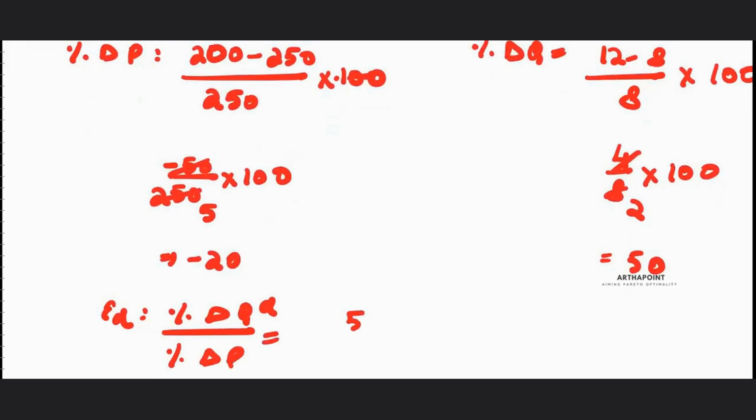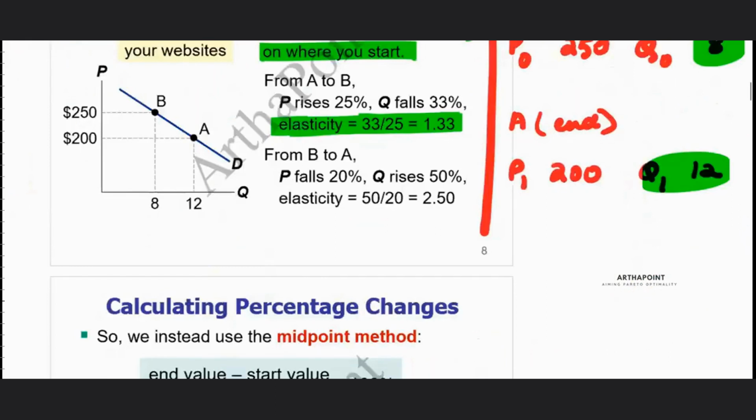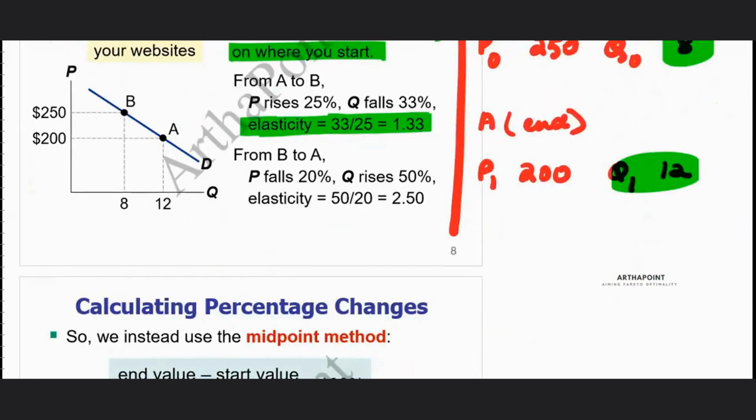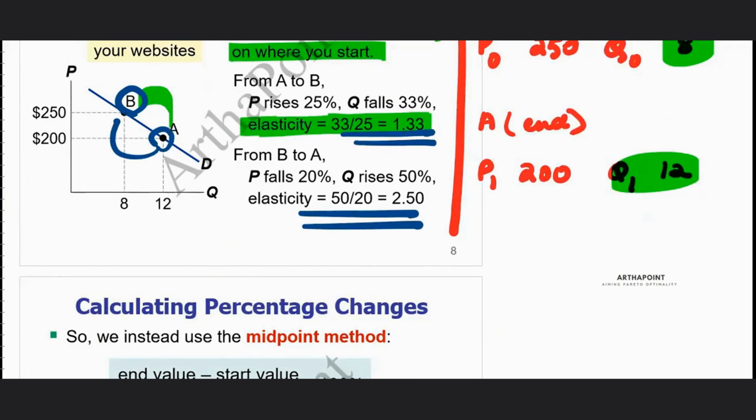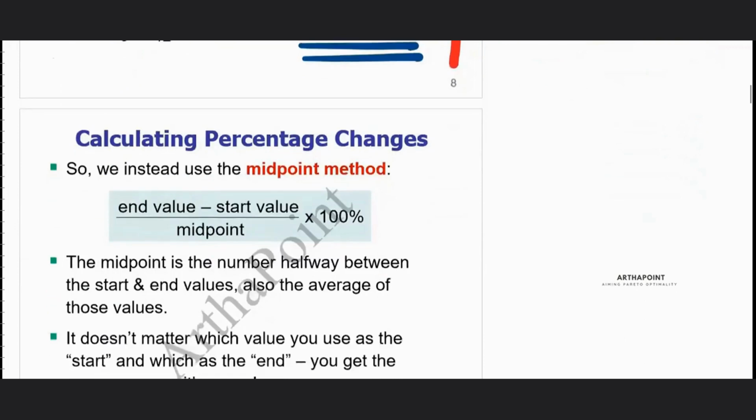So this will be 50 upon minus 20, which will be minus 2.5. Is this fine? So the elasticity is going to be 2.5. When you go from point B to A, when B is your initial point, the elasticity is 2.5. But when you go from A to B, when A is your initial point, the elasticity is 1.33.